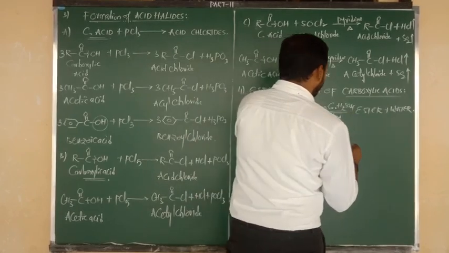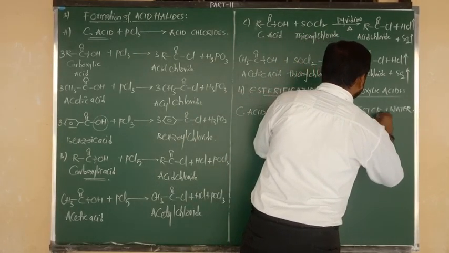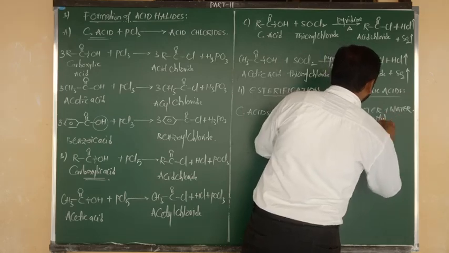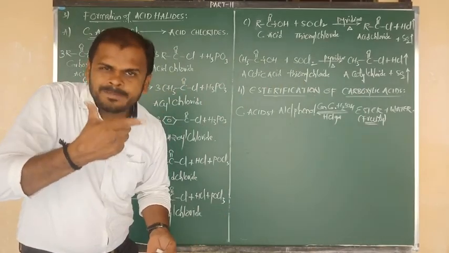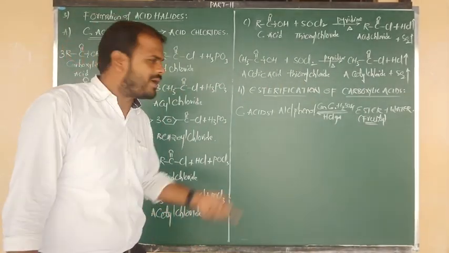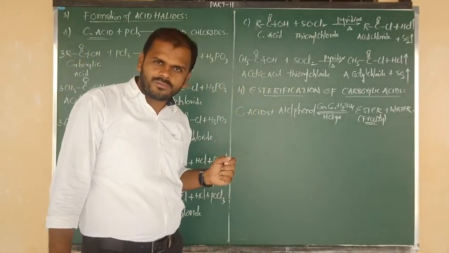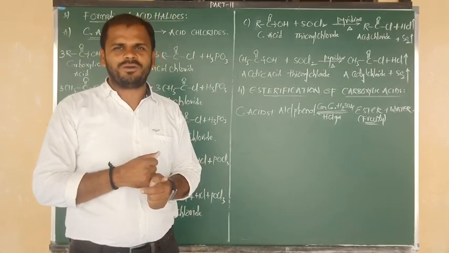We have to remember the odor, the fruity odor. Which odor? Fruity odor. Very, very important. By observing fruity smell, we can confirm the formation of ester. So this is the detection test of the ester organic compound.